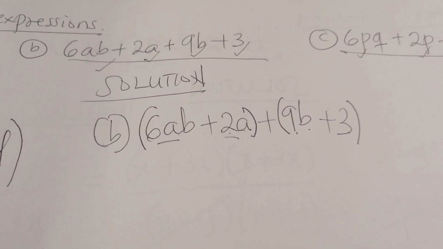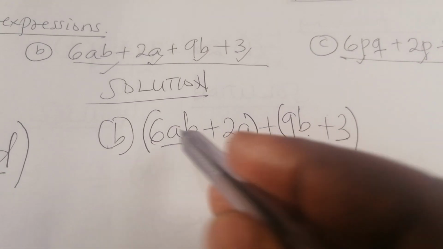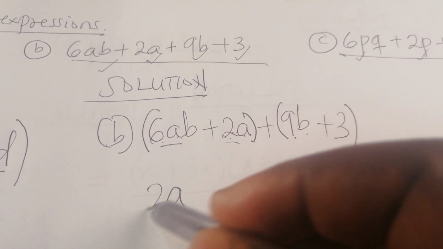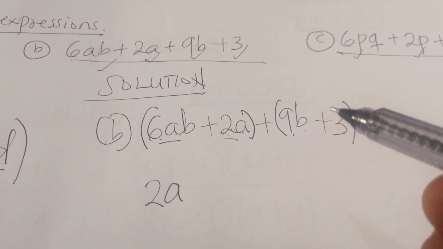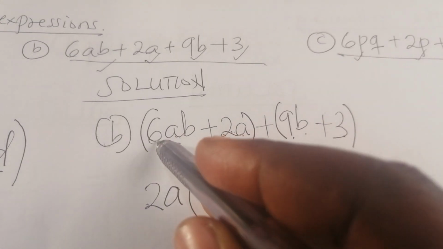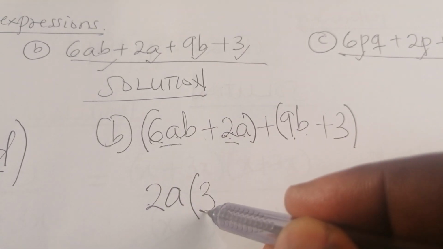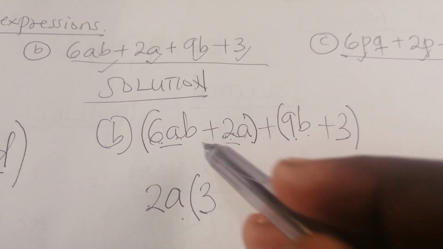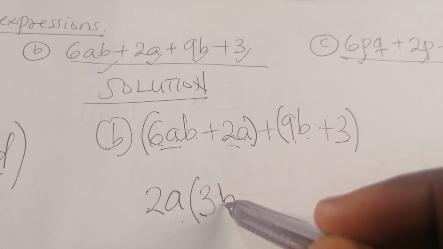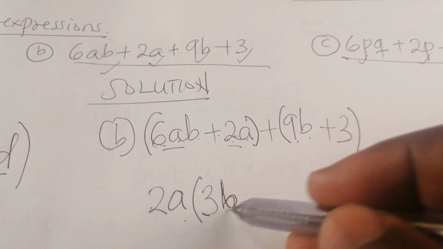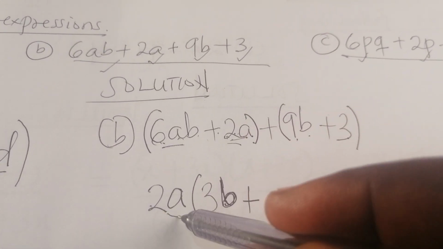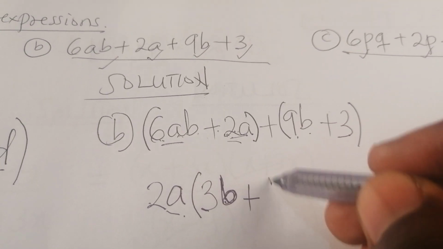So by taking out the common factors, A can come out and 2 can also come out since it's a common factor. So now 2 divided into 6 gives us 3. And there is A here already, which is maintained. And we have our B plus 2A outside. So what will be left here? 1.